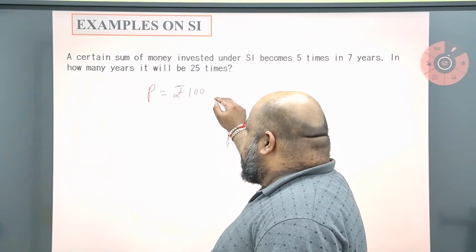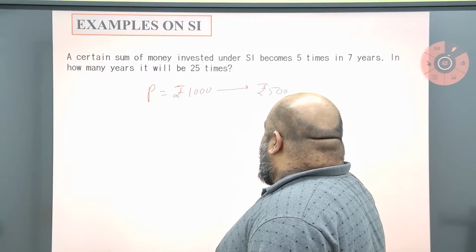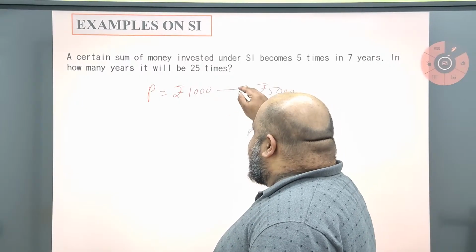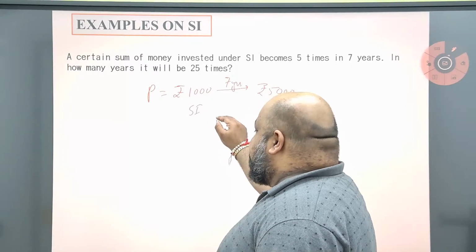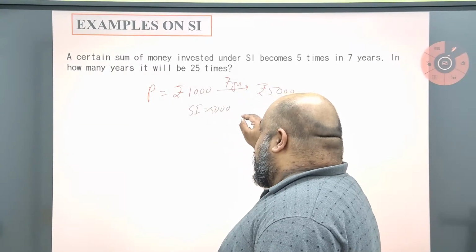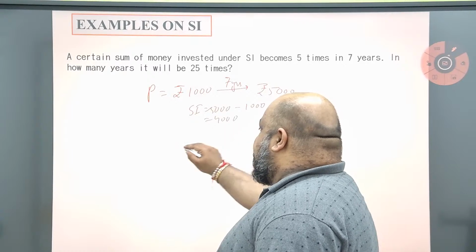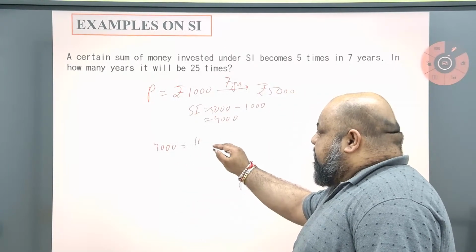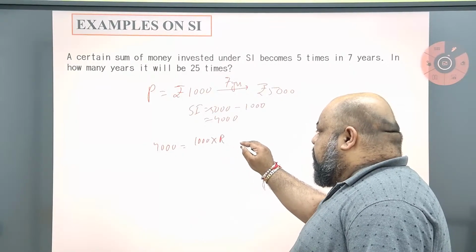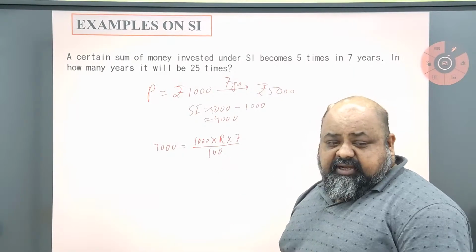In the first case, this has to become 5000 rupees amount in 7 years. So I can say that the simple interest will simply be 5000 minus 1000, which is 4000. So simple interest is equal to principal into rate into time upon 100. We can find out the rate.